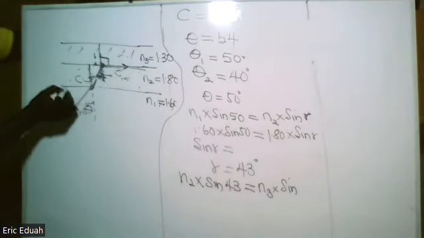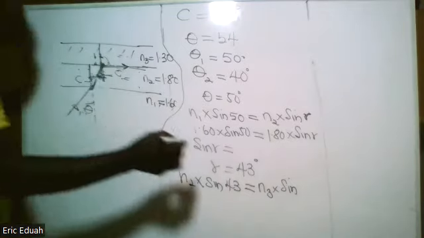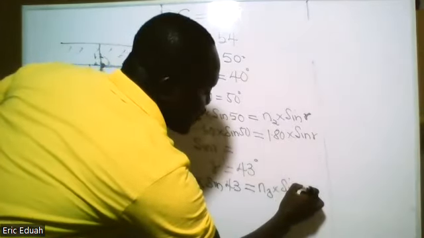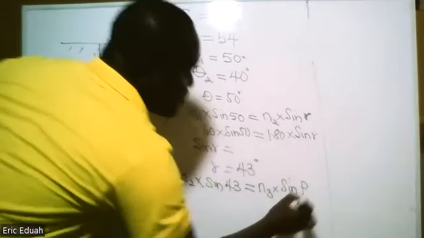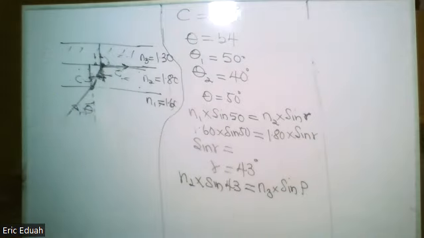Now we are decreasing it. We don't think it will still be 90. So let's assume we don't know, represented by maybe P, just to differentiate it from r.